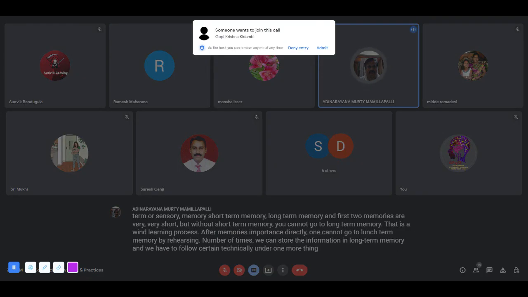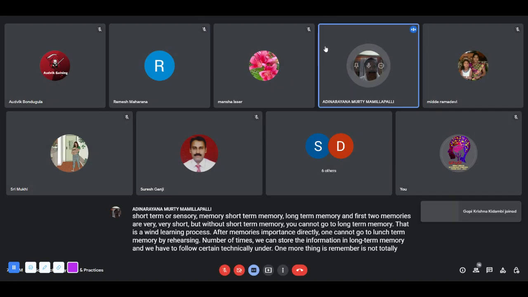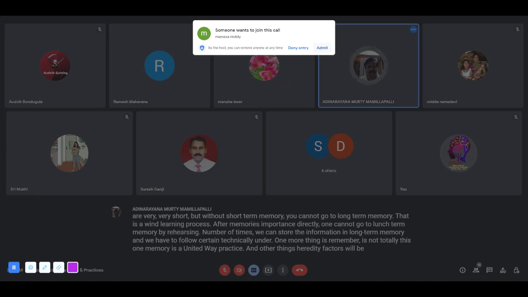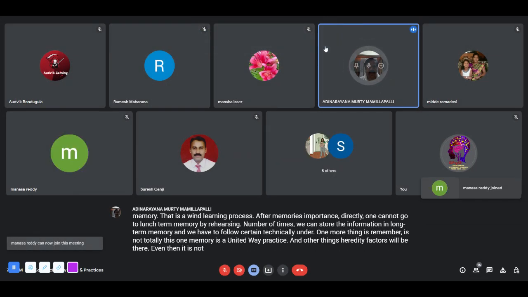And one more thing is, memory is not an innate quality. It is acquired by practice and other things. Hereditary factors will be there. Even then, it is not totally hereditary.